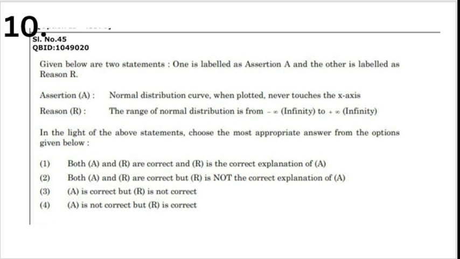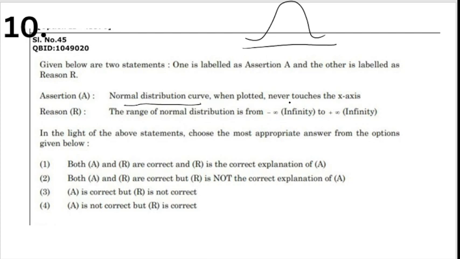Let us read. The assertion says that the normal distribution curve, our normal probability curve, when we plot it, this is how we plot it, it never touches the x-axis. This is our x-axis, and then we'll add y here. Why does it not touch the x-axis? Because the range of normal distribution is from negative infinity to positive infinity.